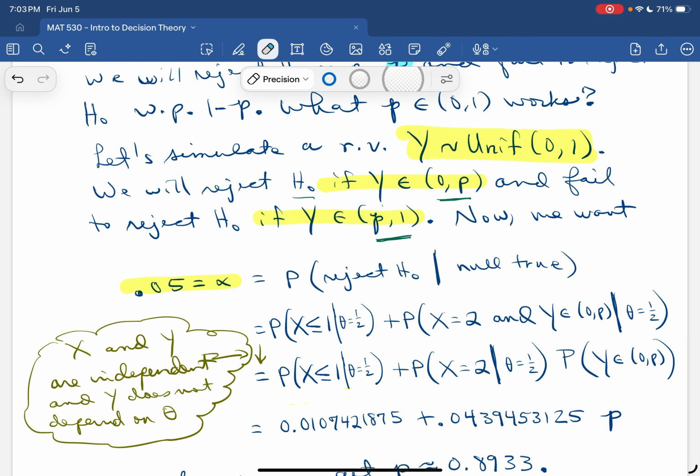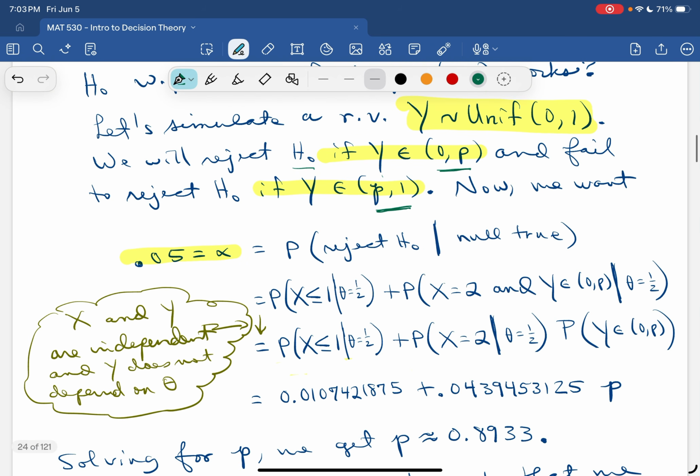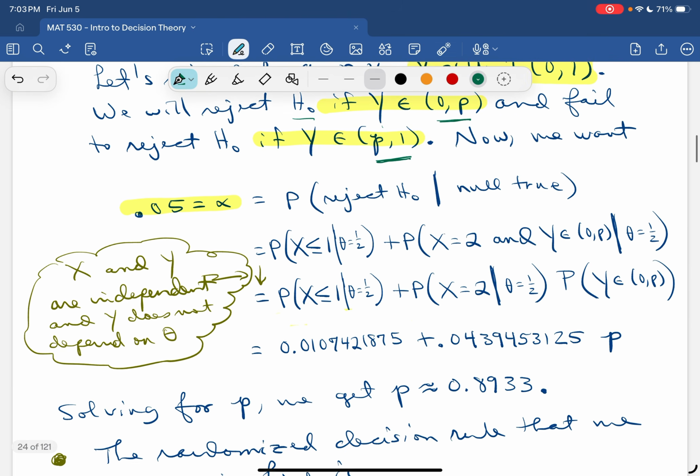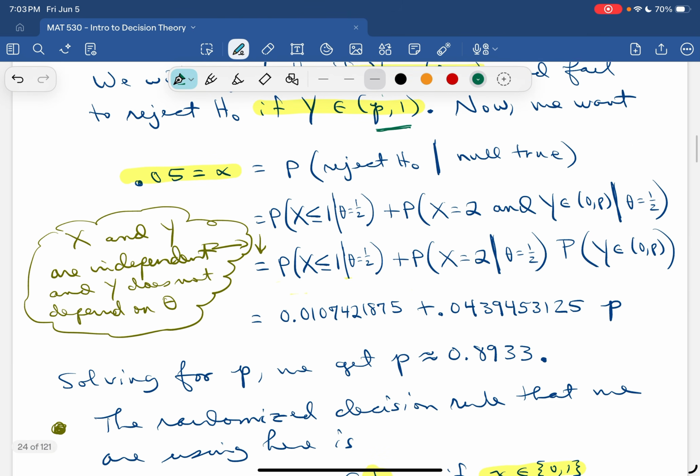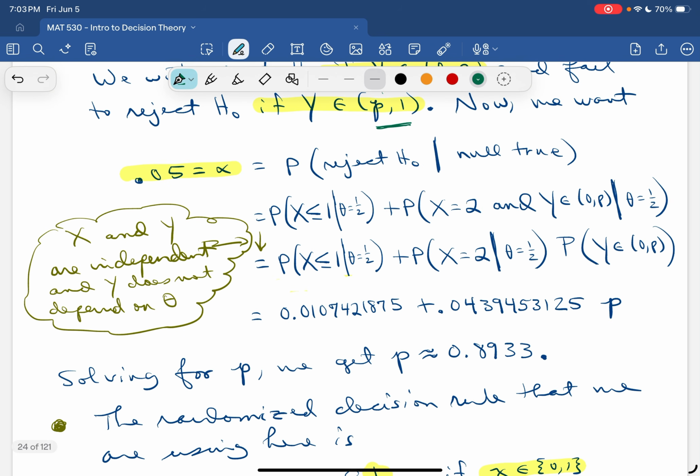So we can get rid of the condition there for the second part. And so then calculate these probabilities, and then we just have an equation that we need to solve. And we see that if we use little p equal to 0.8933 roughly, then we will have the desired significance level that we want.